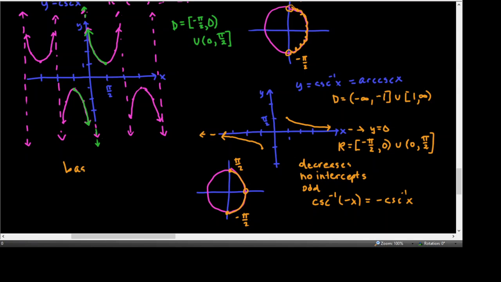Their range is negative pi over 2 to pi over 2. Again, we're leaving out places where there are asymptotes. The ones that do that are inverse sine of x, its reciprocal function, reciprocal of sine, that is.